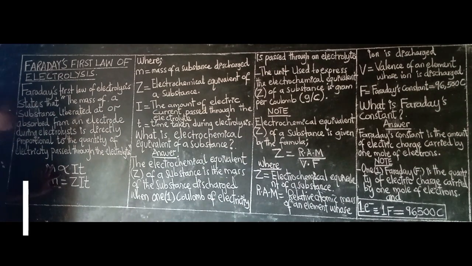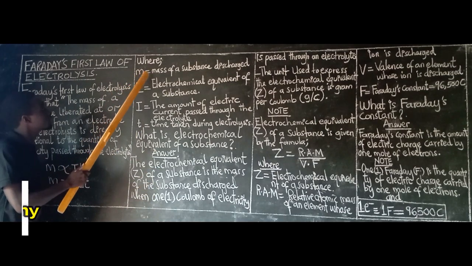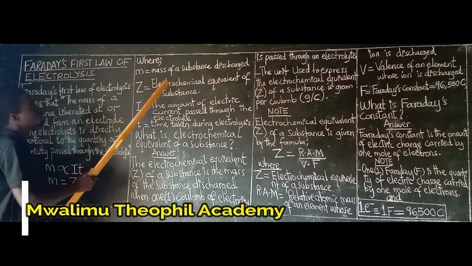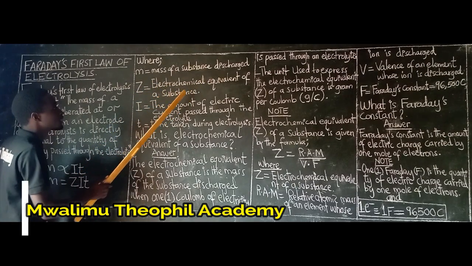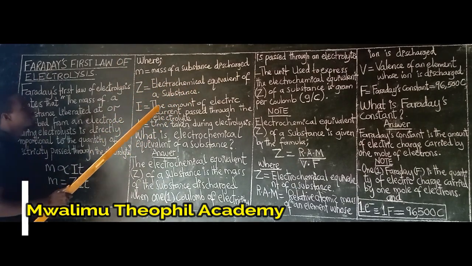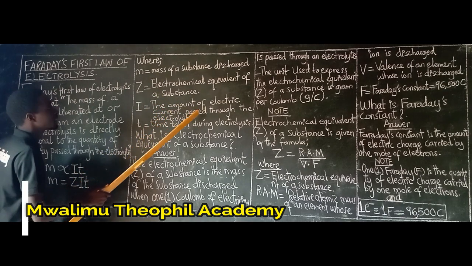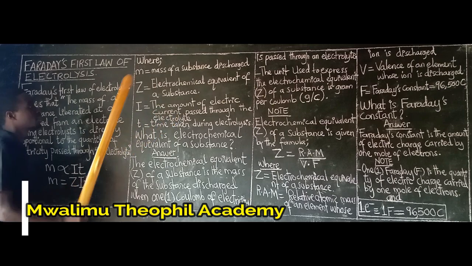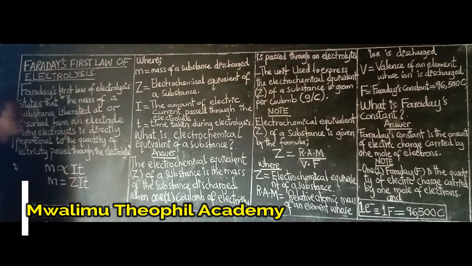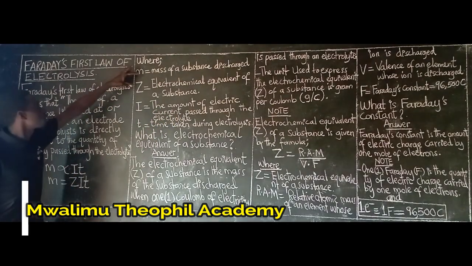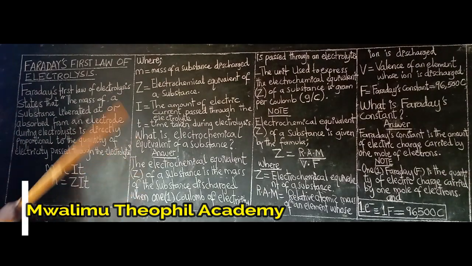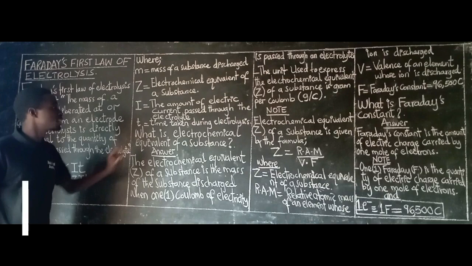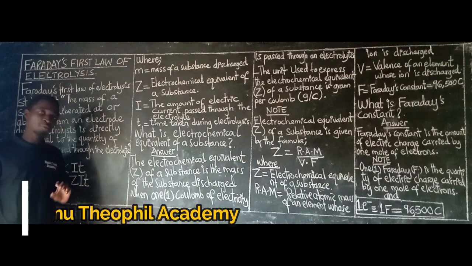From this formula, M stands for the mass of a substance discharged, Z stands for the electrochemical equivalent of the substance to be discharged, I is the amount of electric current passed through the electrolyte, and T is the time taken during electrolysis. From all of these parameters, we have seen one known as the electrochemical equivalent of a substance. What is the electrochemical equivalent of a substance?